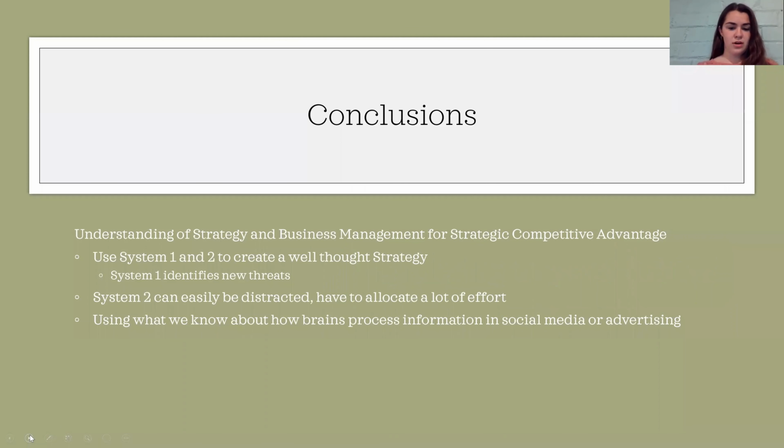So then moving on into conclusions. After reading this book, we concluded a couple of different things. If you use your system one and system two to creatively think through a strategy when it comes to business management, you're able to react to those new threats that system one identifies. But when you have that base that your system two thought out, and you stick to that strategy and are consistent, you're going to have a strategic competitive advantage over other businesses.